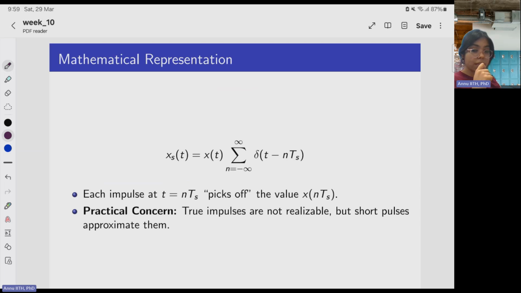So the true impulses are actually not realizable. So short pulses approximate them. So we can write this in terms of the Fourier transform. That shows that.